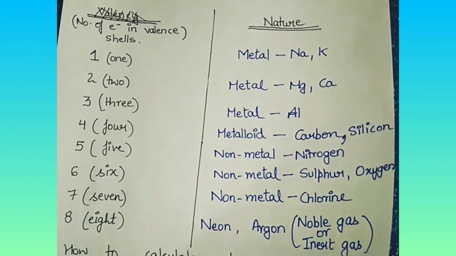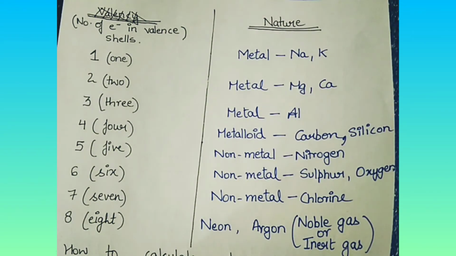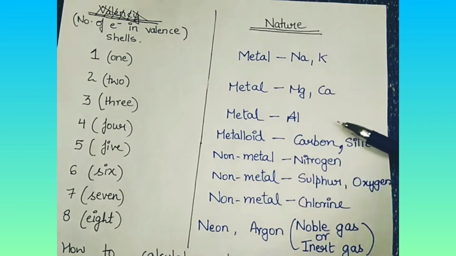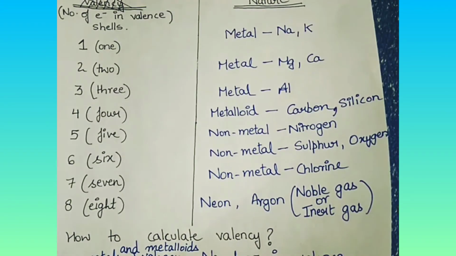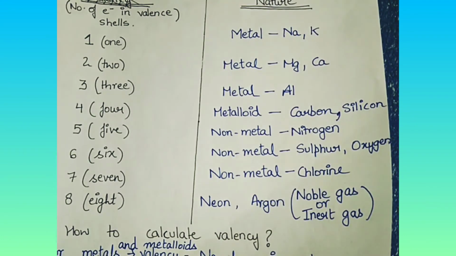Magnesium, calcium have 2 electrons in their outermost shell, hence they are metals. And aluminium has 3 electrons in its valence shell, so it is also a metal. So the elements which have 1, 2 or 3 electrons in their outermost shell are termed as metals.